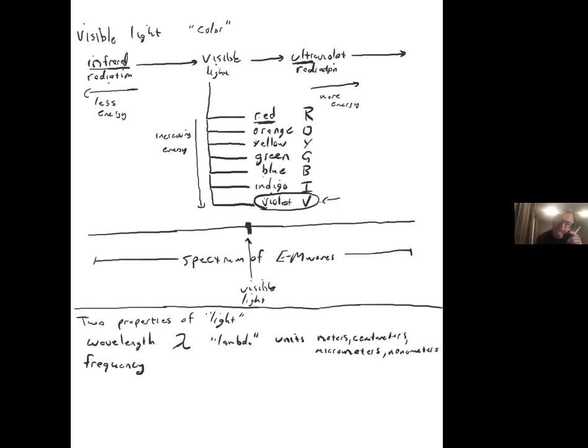Frequency, there are different symbols used for frequency. So just to be careful, sometimes people use an f, a lowercase f, for frequency. But sometimes people use the Greek letter nu. This is pronounced nu, N-Y-O-O, nu, okay?